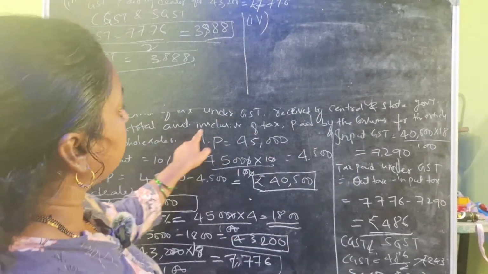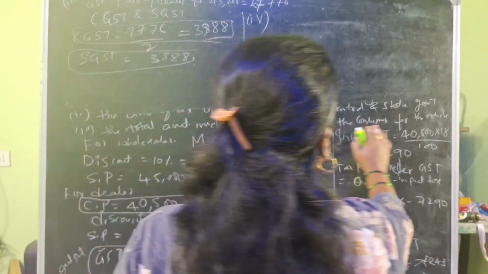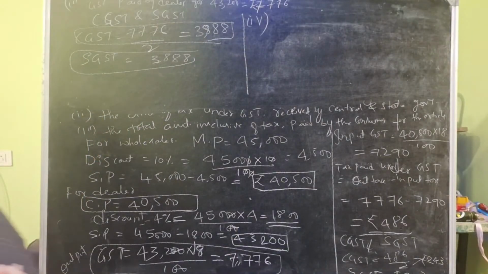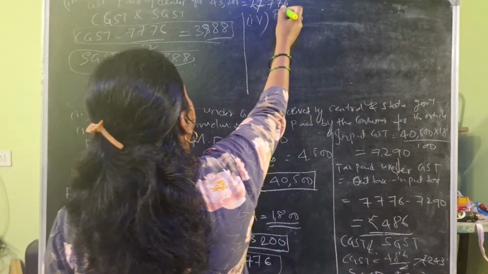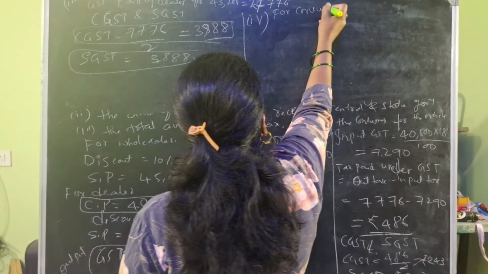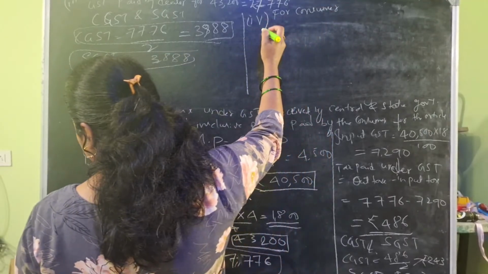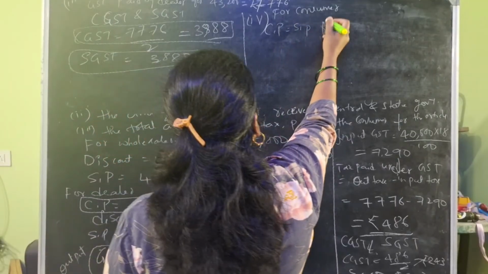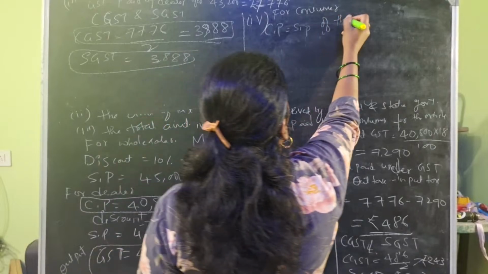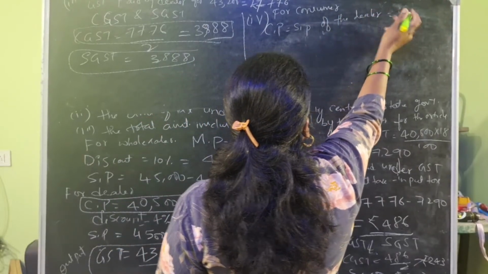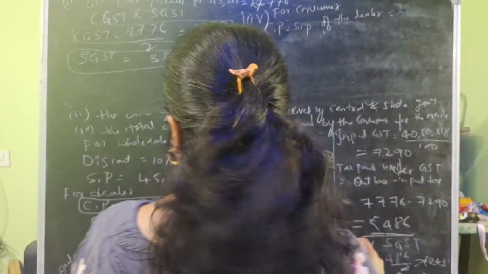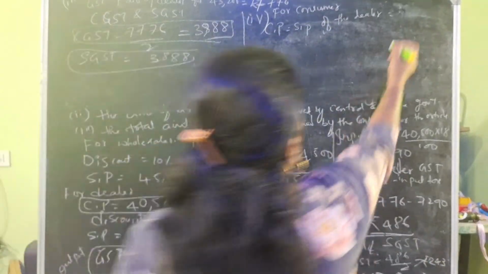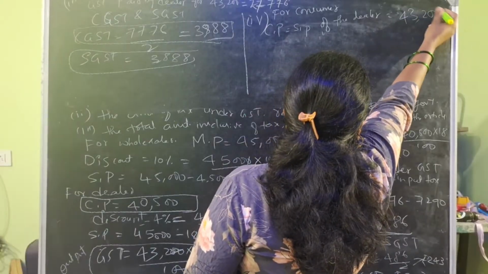And for the third question, the total amount inclusive of tax paid by the consumer for the article. So for consumer, cost price is equal to selling price of the dealer. That is 43,200.